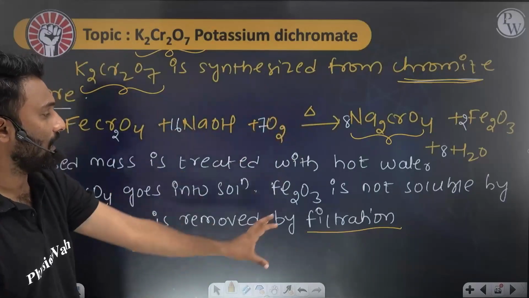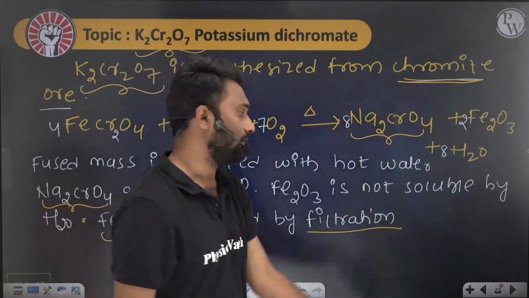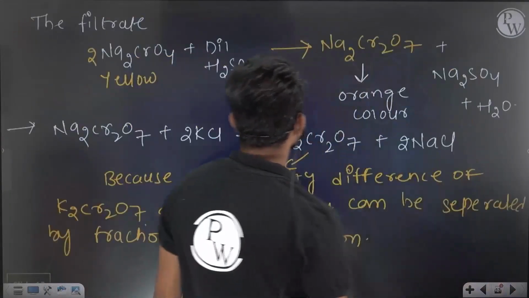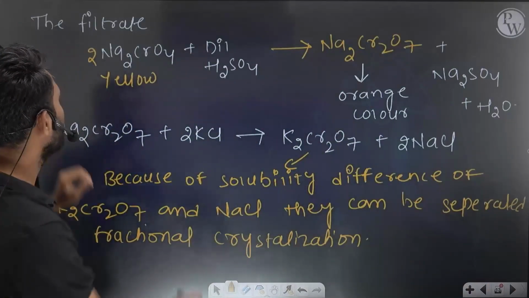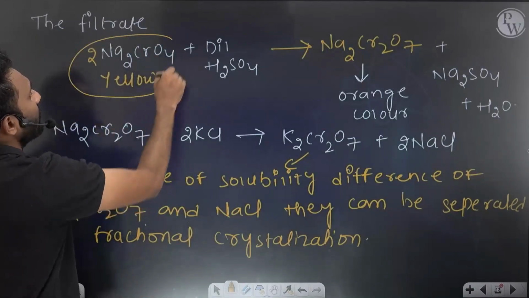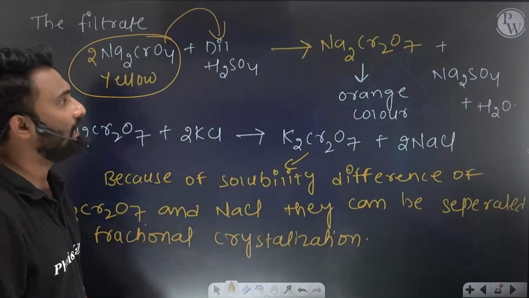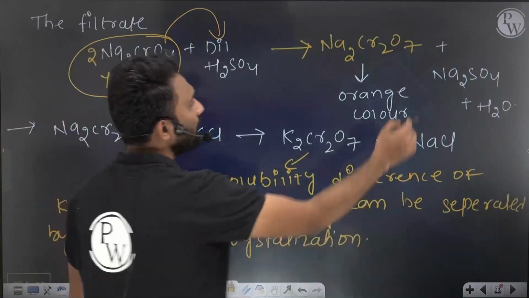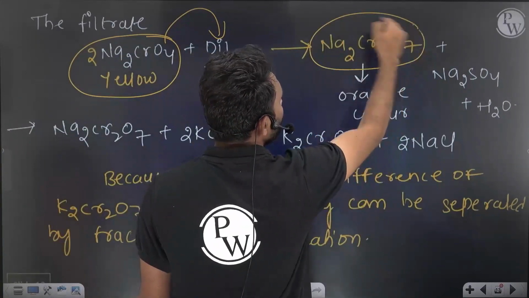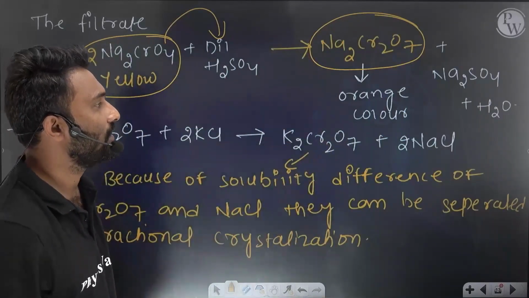Then we separated the two. After that, this Na2CrO4 is yellow in color. This yellow compound is reacted with dilute H2SO4. What does it give us? Sodium dichromate, which is orange in color.